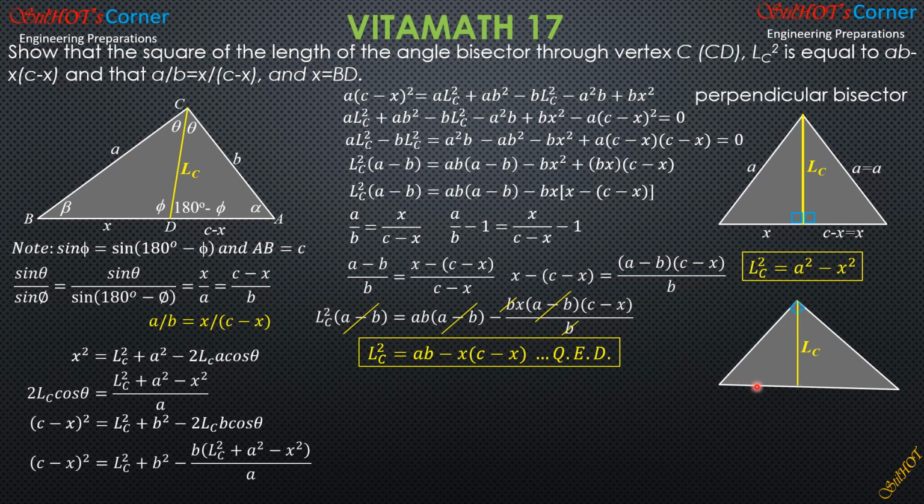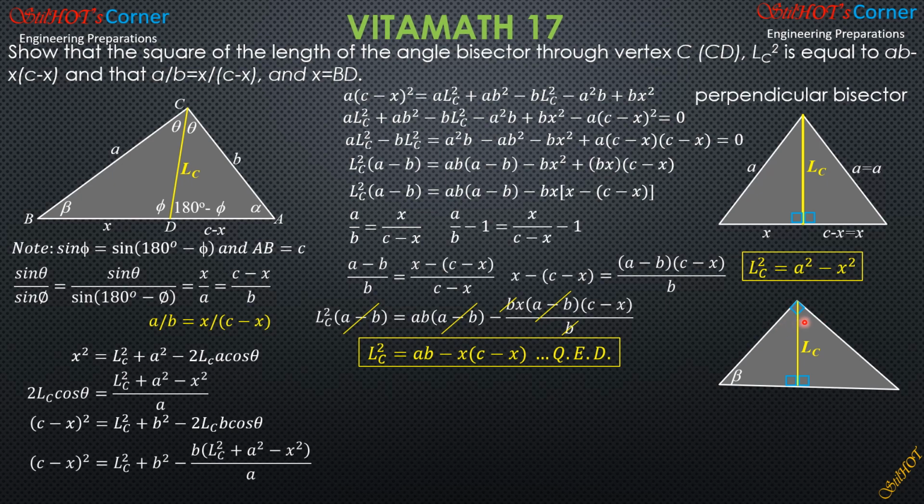So if I call this beta, and that's 90 degrees, this altitude is perpendicular to the opposite side of the 90-degree angle. If I call this beta, this is 90 degrees minus beta.